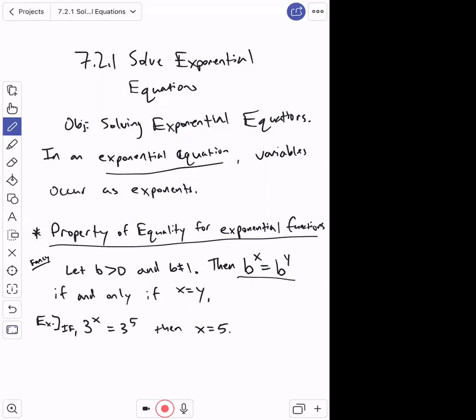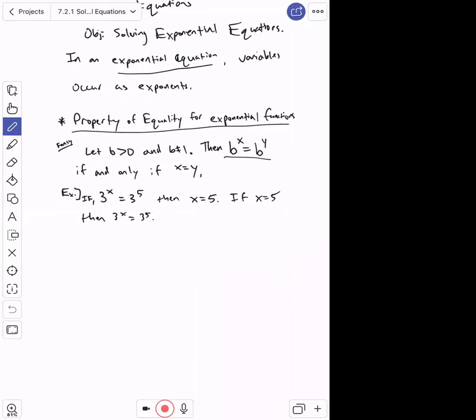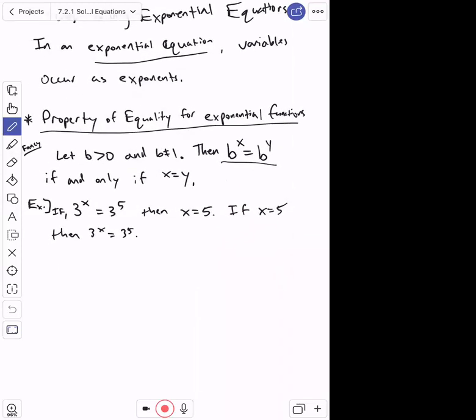And in the other direction, if x equals 5, then 3 to the x equals 3 to the 5. And we're going to use that property to help us solve exponential equations.